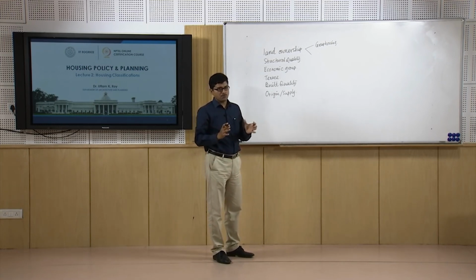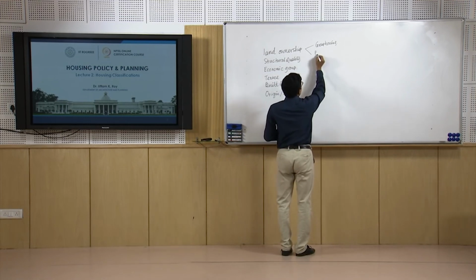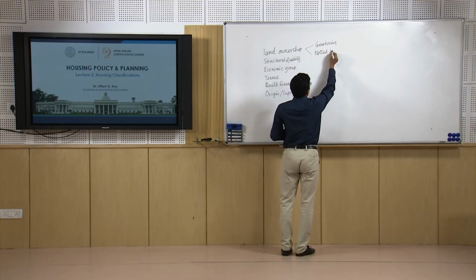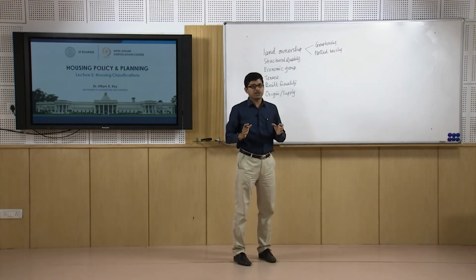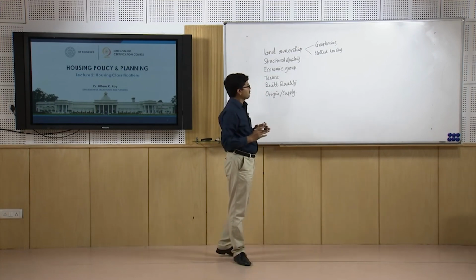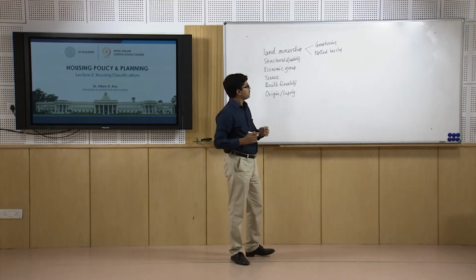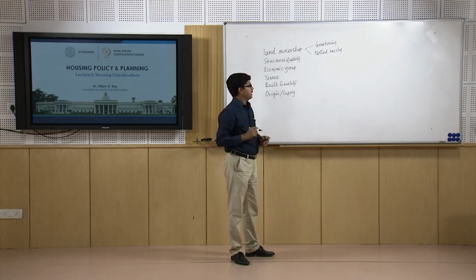It is owned by the community or the residents association. And also there is plotted housing, where the plot or the land and the building both are owned by the house owner. So the difference between group housing and plotted housing is that the land and the common infrastructure are owned by the community, but in plotted housing people also own the land.